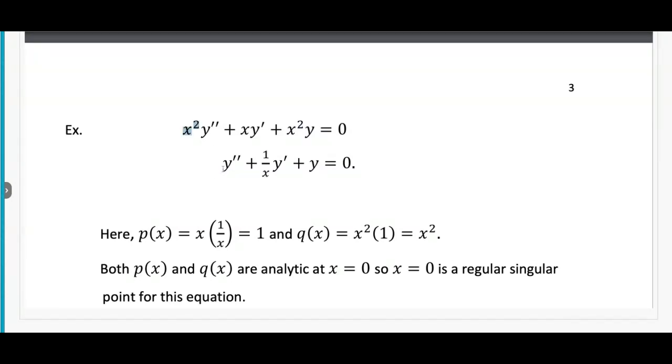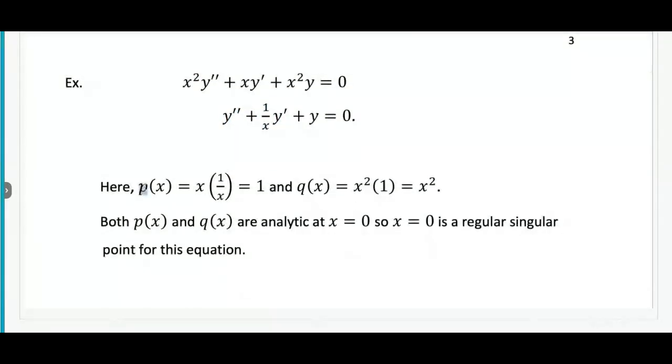So we divide by x squared, then we get this. So little p of x is x times capital letter P of x, so we get 1. Little q of x is x squared times capital letter Q of x. In this case, it's just x squared.